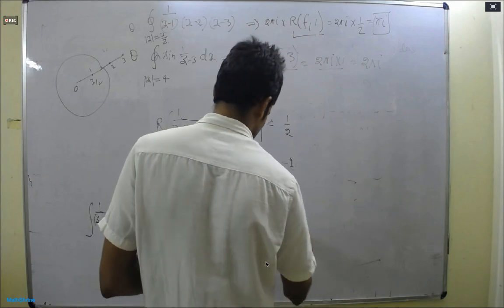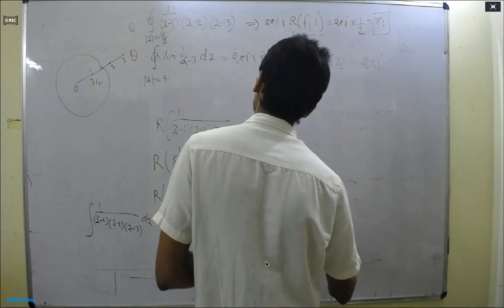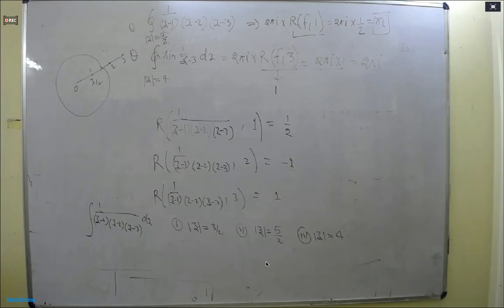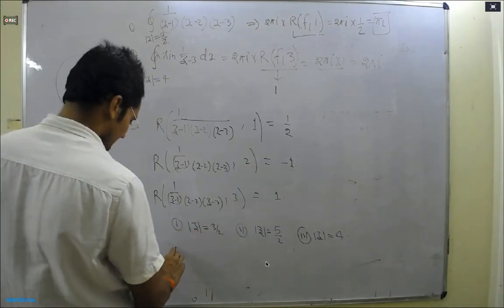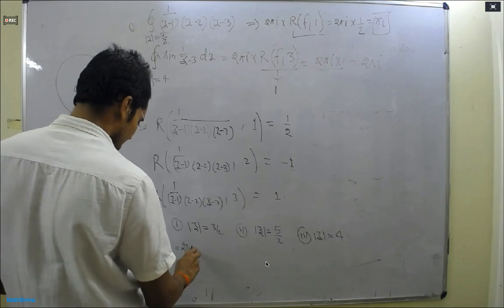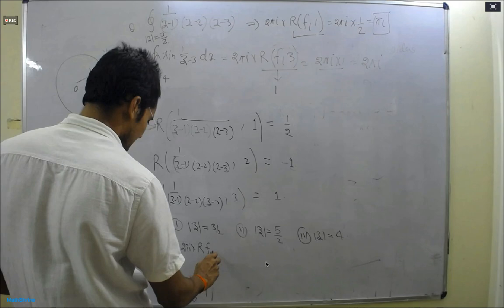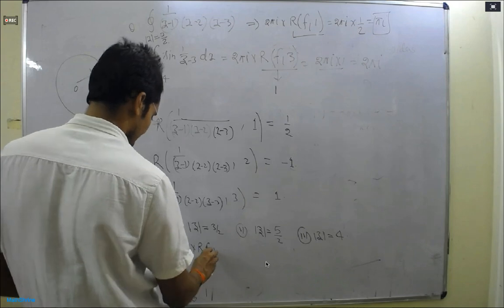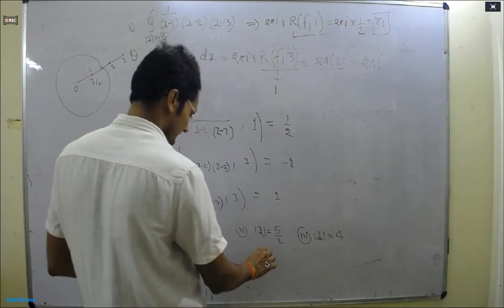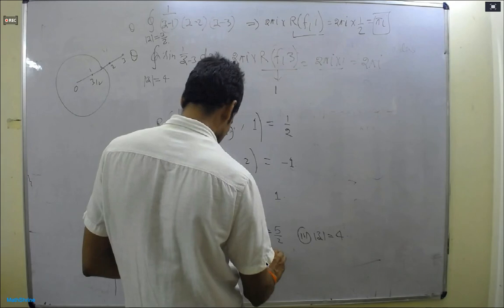So see here, this will be 2 pi iota into the residue of the function at 1. In this region, 2 pi iota into the residue of the function at 1 plus the residue of the function at 2.